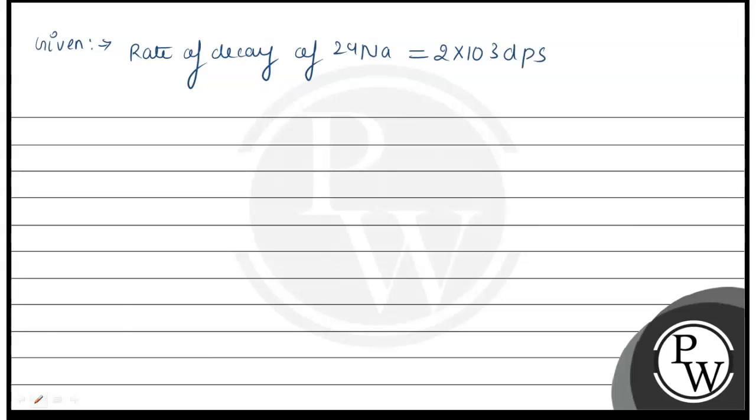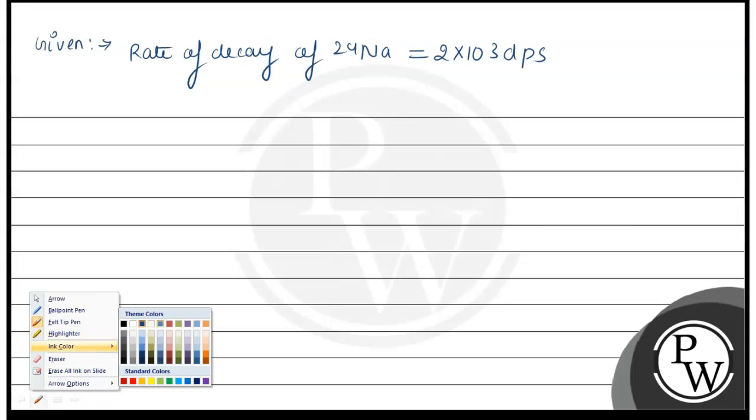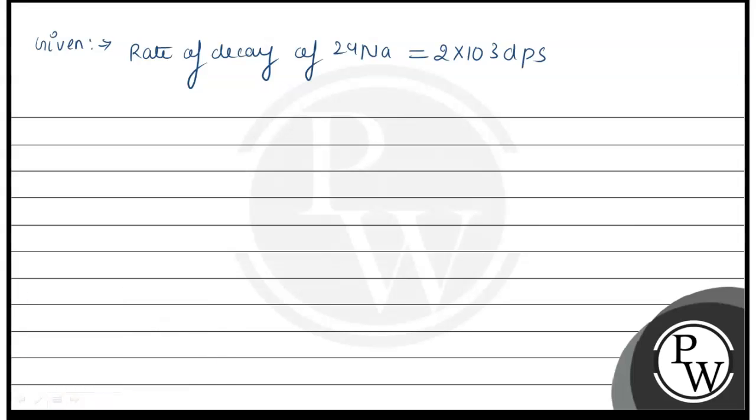Let's convert it into dpm, because the other unit is also given in dpm. So to make all the units in one form, let's convert it into dpm. So it is equal to 2 × 10^3 × 60 dpm.